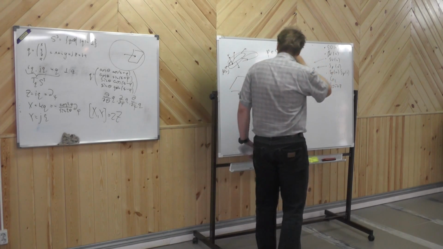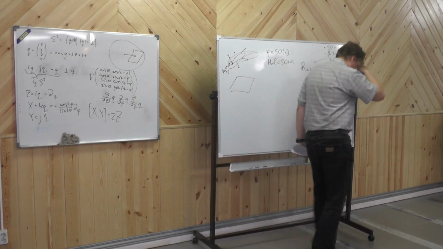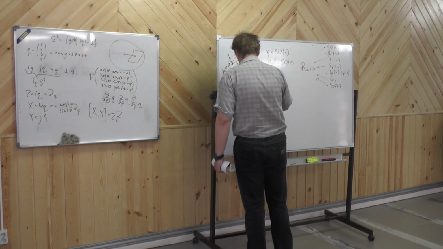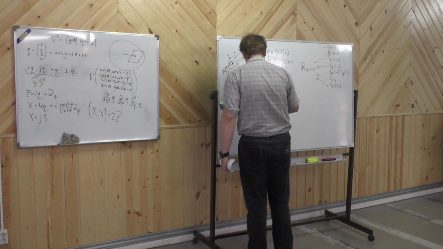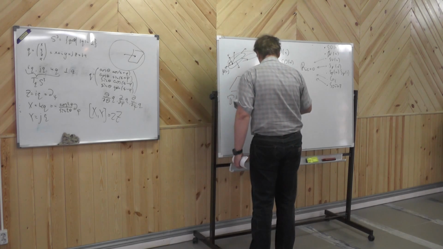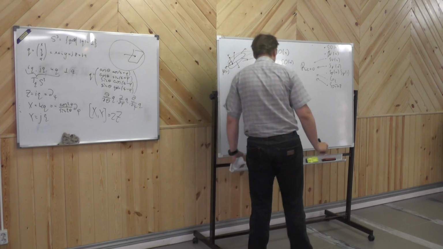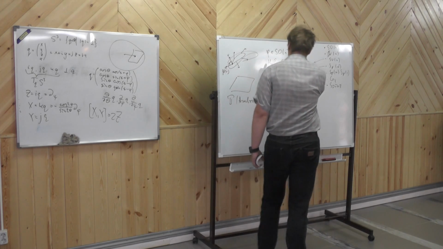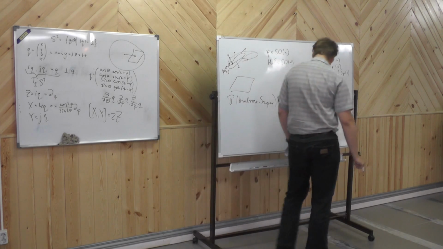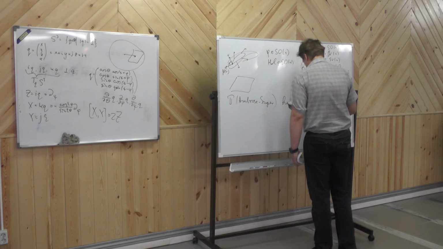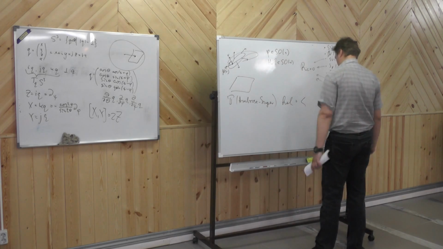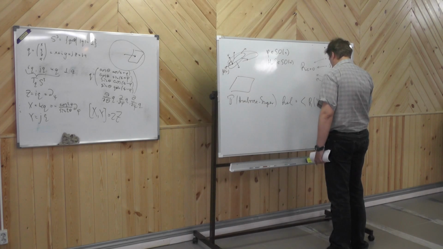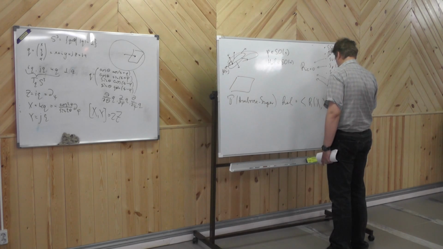So in this thing there is a theorem of Ambrose and Singer that states that the holonomy algebra, this is the subgroup and this is the algebra of this subgroup, is generated by the following things.